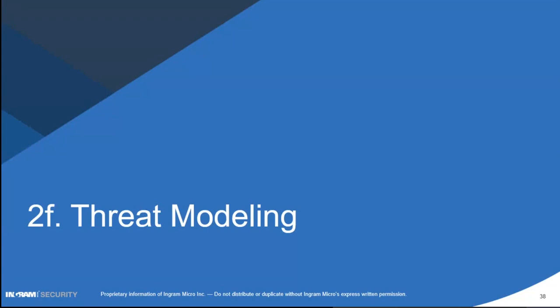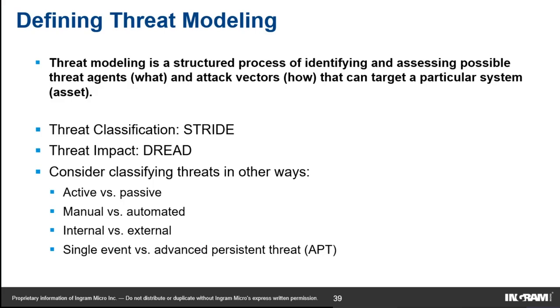Okay. So we are going to talk about threat modeling. Threat modeling gives you an idea to identify and assess the threat agents, right? The attack vectors. Since we spoke of the threats, we need to find a way to address these threats. So STRIDE was introduced by Microsoft.